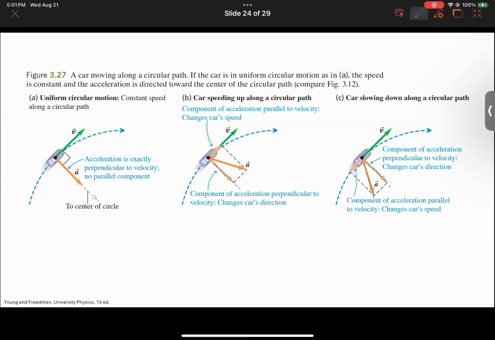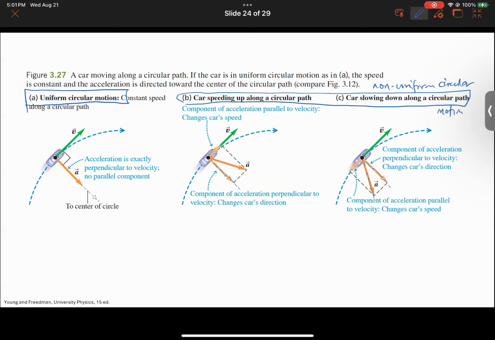Dun sa first case, ang tawag natin dyan is uniform circular motion, kapag yung speed is constant, but the direction changes. Dun sa second case, ang tawag natin dito is non-uniform circular motion.